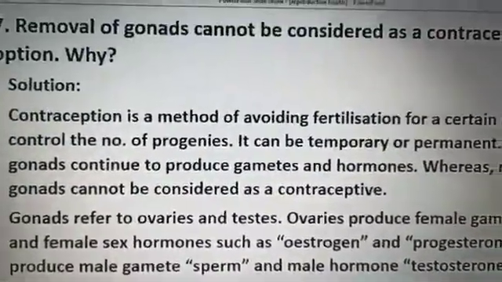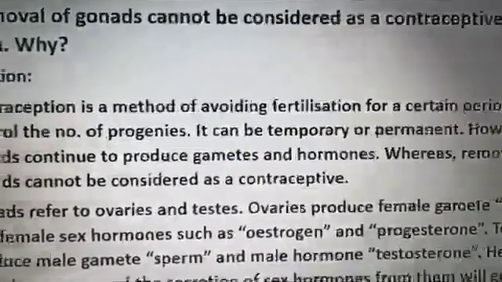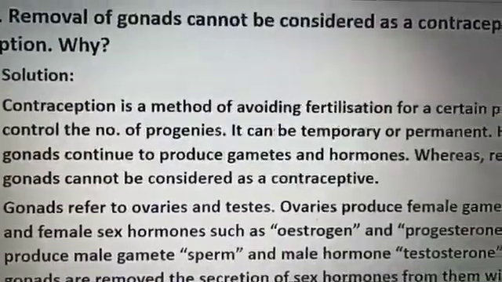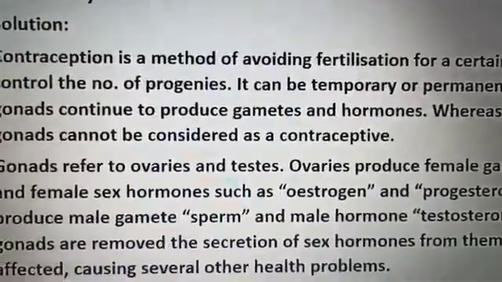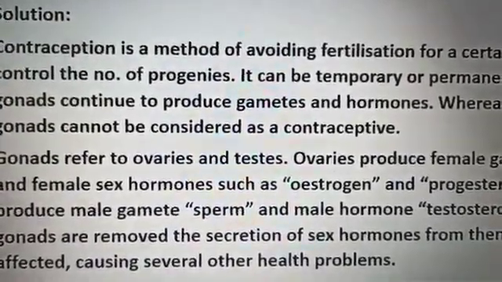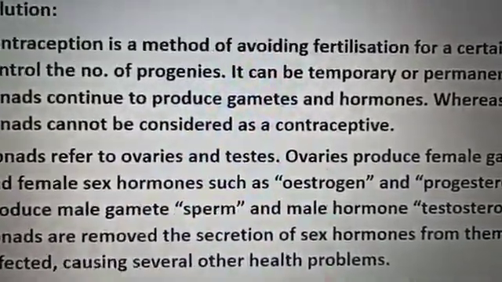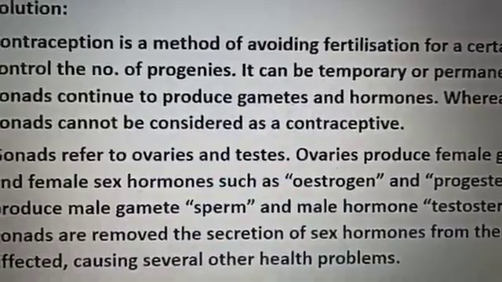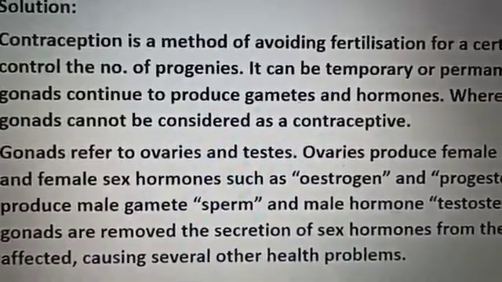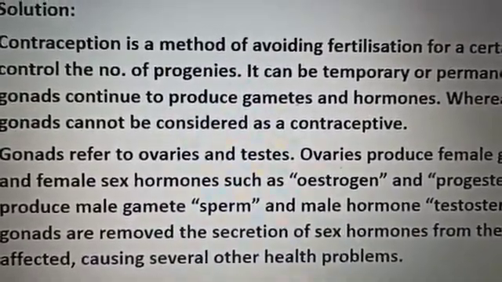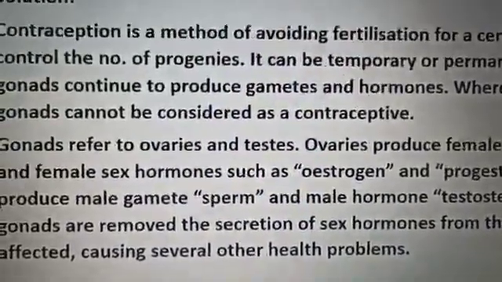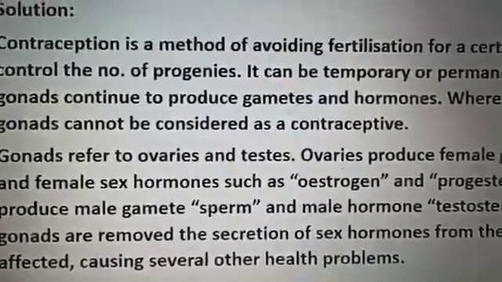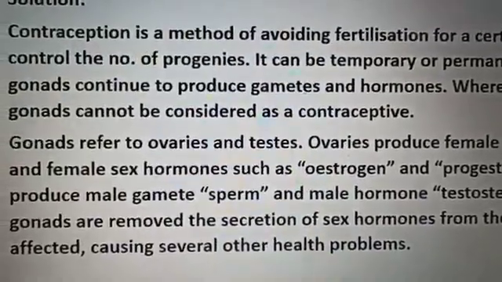Next is, removal of gonads cannot be considered as a contraception. Why? The gonads present in our body, in males the testes for the formation of sperms, and in females the ovaries for the formation of ova. But along with the formation of gametes, these gonads also release some hormones that are necessary for the normal health of a person.